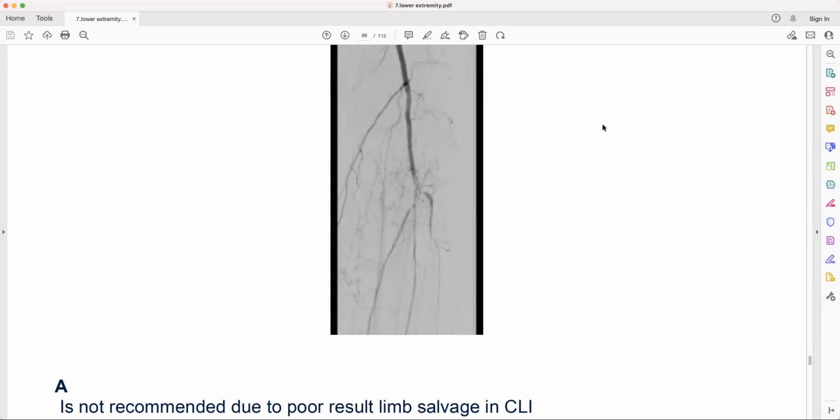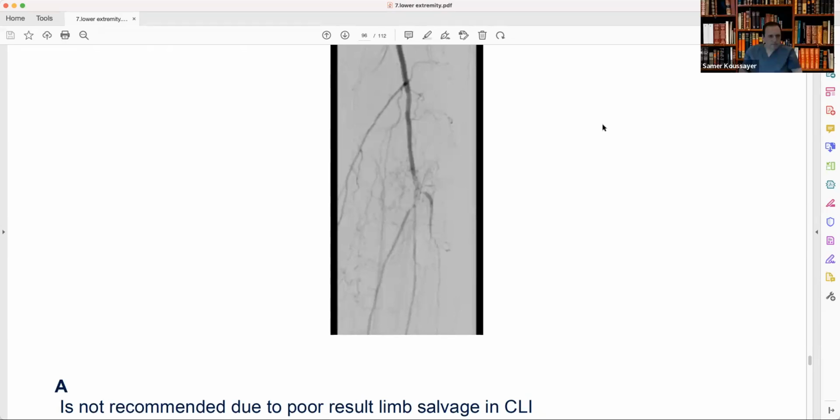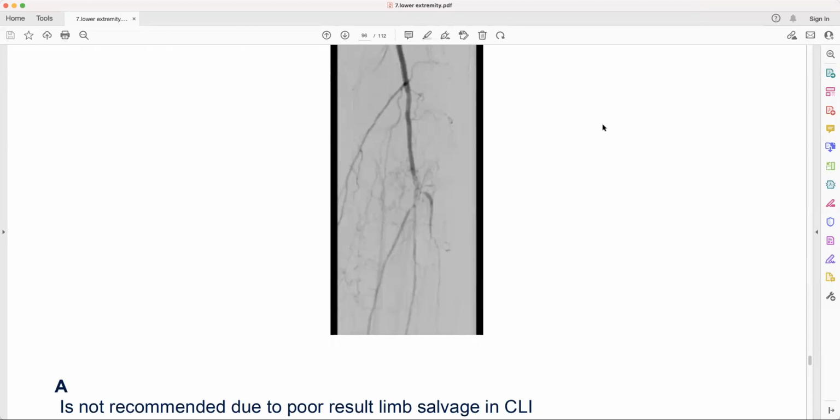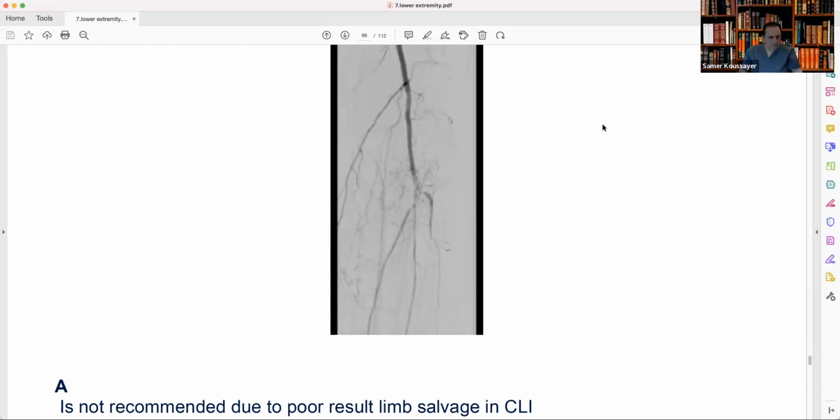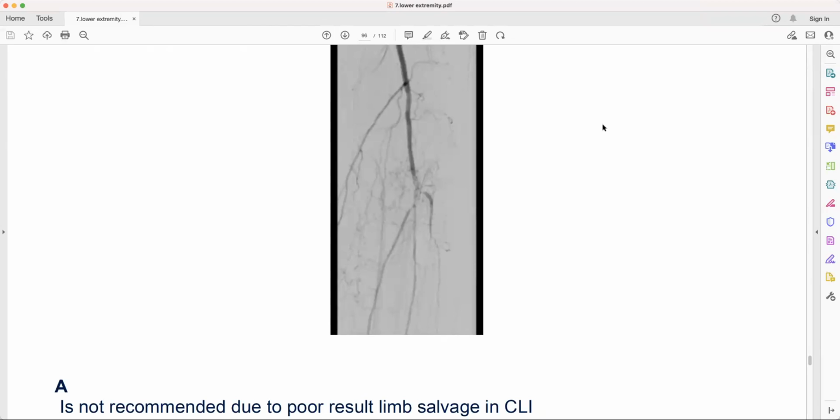They help you go antegrade slowly with a 0.14 wire, and they are like a drop of water on rock. They open these arteries slowly. It's a thin catheter, the Trailblazer. I suggest the fellows use it in these cases.